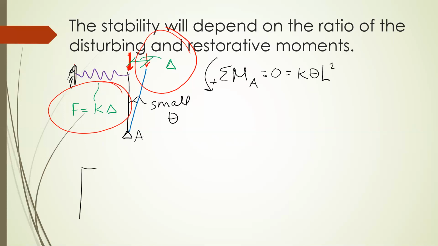So let's see, if we have this triangle, let's say the member itself had a length L, and this is a small angle theta. I want to know this dimension delta, and it should be L sine theta, which is L sine of a small theta is theta. So you were going straight to the sine theta, but don't forget we need to multiply it by the hypotenuse dimension. Good. So that moment ends up being K theta L squared.